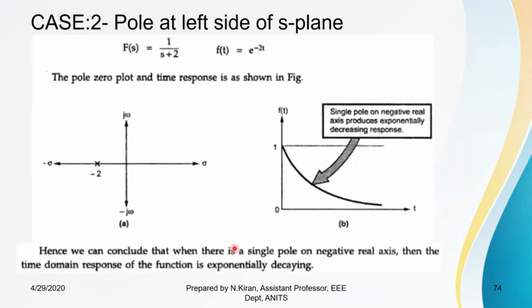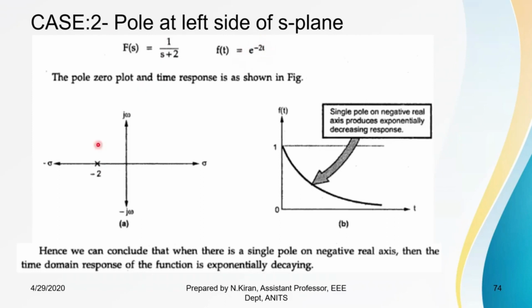The second case, if the pole is located on the left hand side of the S plane. If the pole is on the left hand side, that is represented by F of s equal to 1 by s plus 2, because in this the s value is minus 2. So this function indicates the pole is on the left hand side of the S plane. Upon inverse Laplace transform, it gives me e power minus 2t. So e power minus 2t indicates it is exponentially decreasing.